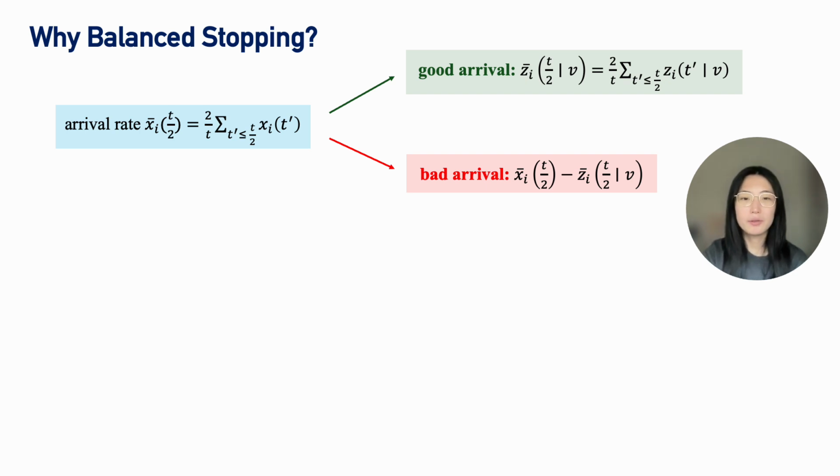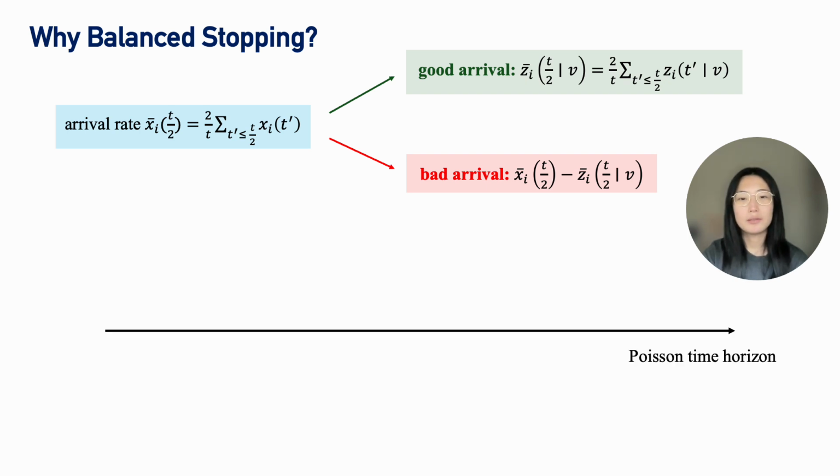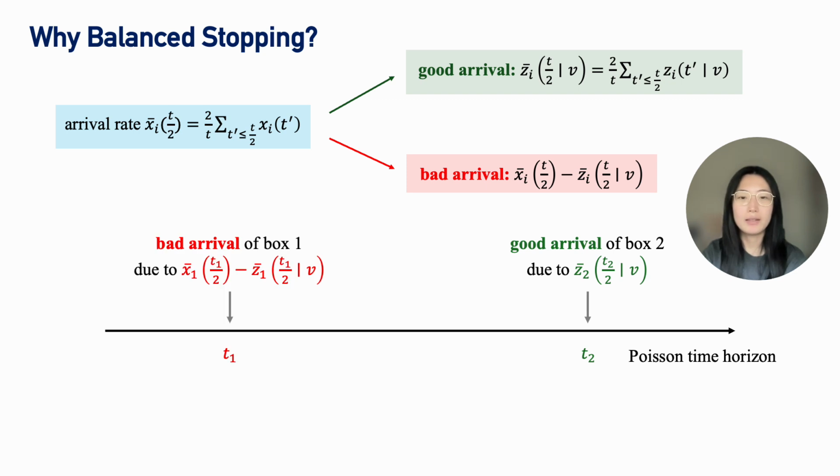Indeed, in the Poisson process, we don't have the power to tell which arrivals are good and which arrivals are bad. So we have to make sure that even if we select some boxes from bad arrivals, the total cost of our algorithm will not increase. So suppose this is the timeline, and here is a good arrival of box 2 at time t2, and a bad arrival of box 1 that occurs at some time t1 that is smaller than t2.